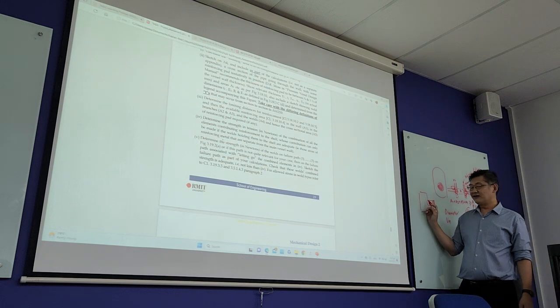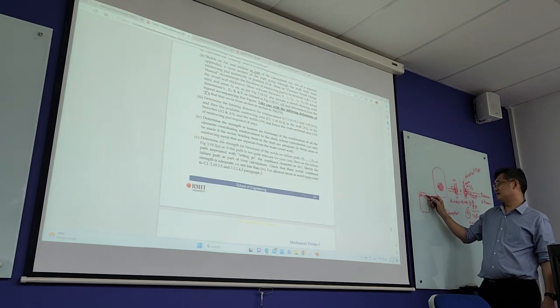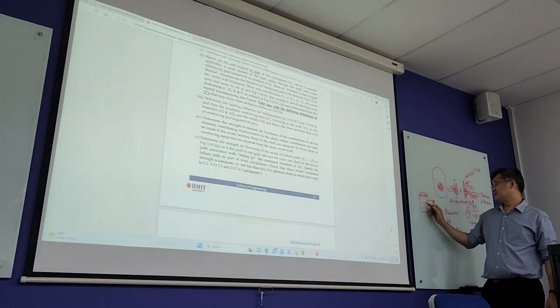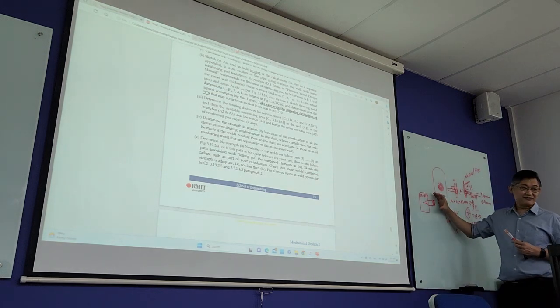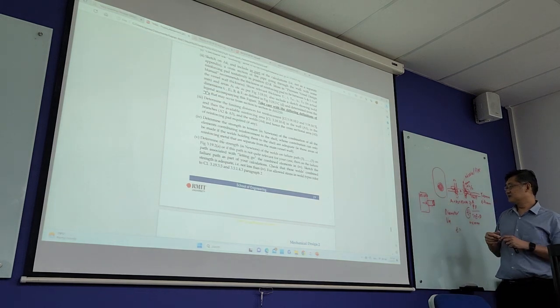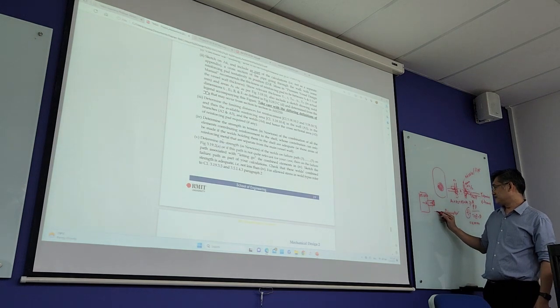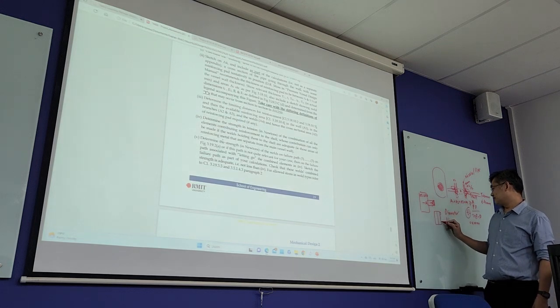Why? Because our air vessel has design pressure 862 kilopascal. When the compressor is running, you can see the pressure actually presses against your nozzle. Let's say this is a nozzle, this is your flange. In between you have a bolt, secure.